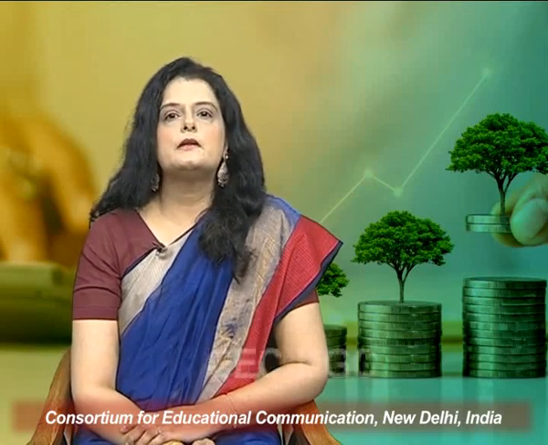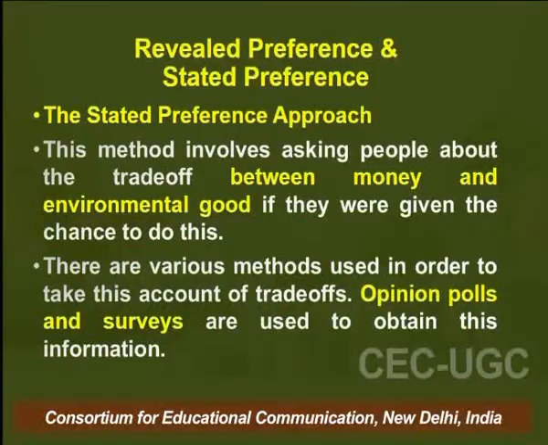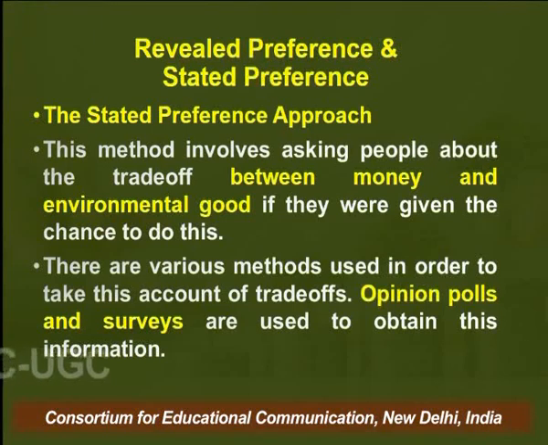There are various methods to account for the trade-off between monetary value and the environmental good or characteristic. Opinion polls and surveys are conducted under this method, and this comes under the stated preference approach.